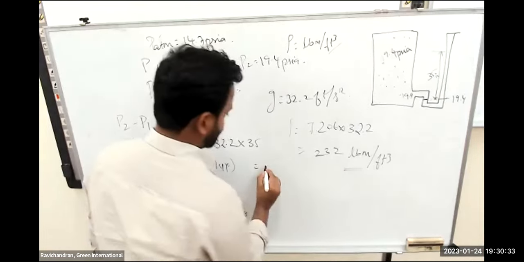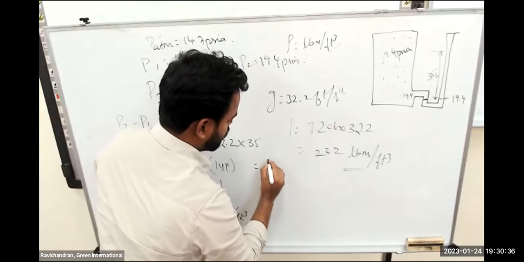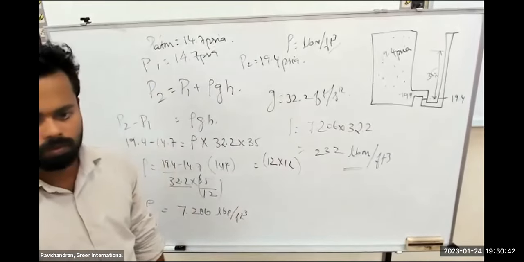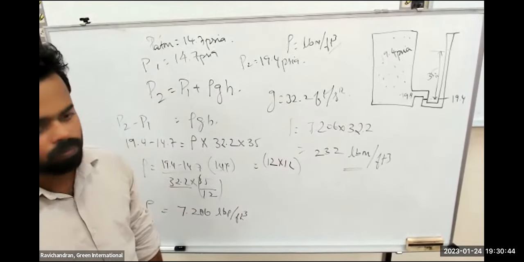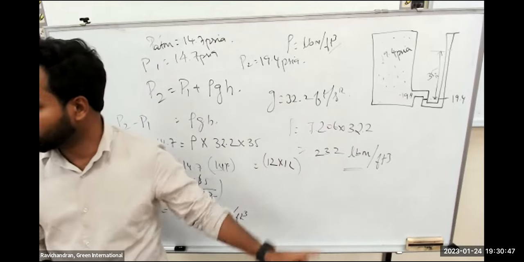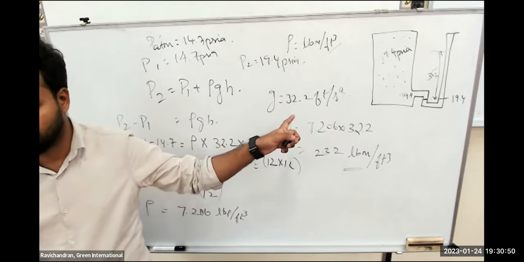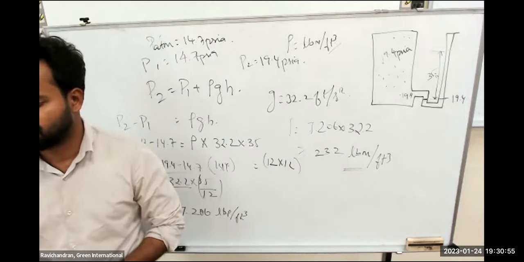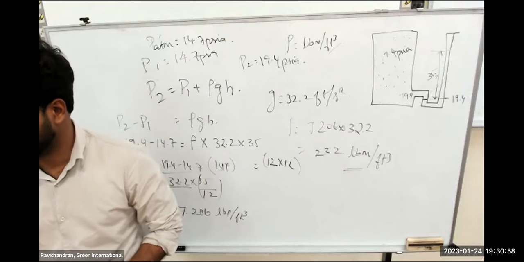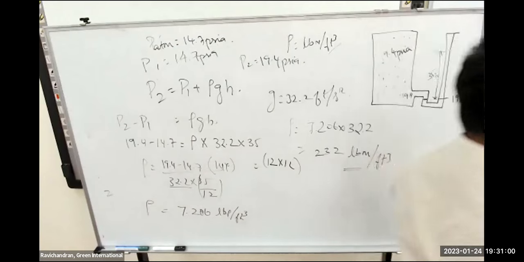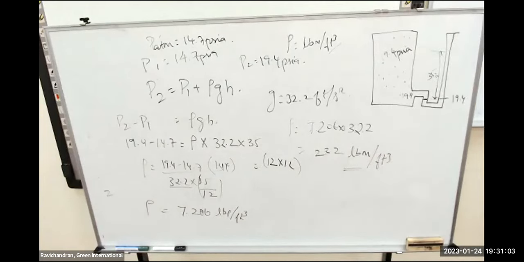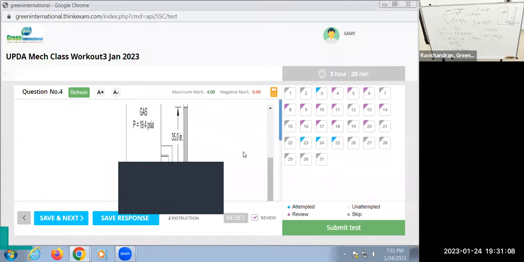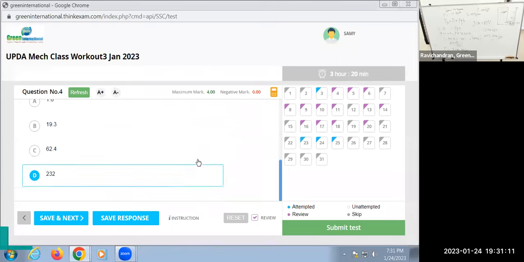For conversion of square inch, 12 into 12, that is 144. Is the concept clear, or do you want me to explain once again? Shall we move on? Okay. So the answer is 232.